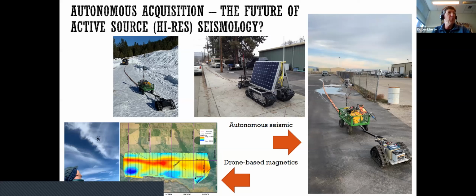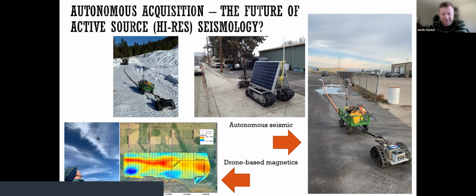This thing can haul 800 pounds and crawl up the side of a volcano. Maybe that's the future. Maybe we can crawl up complex terrain with something like a robot. I haven't done that, but it'd be kind of fun to imagine.